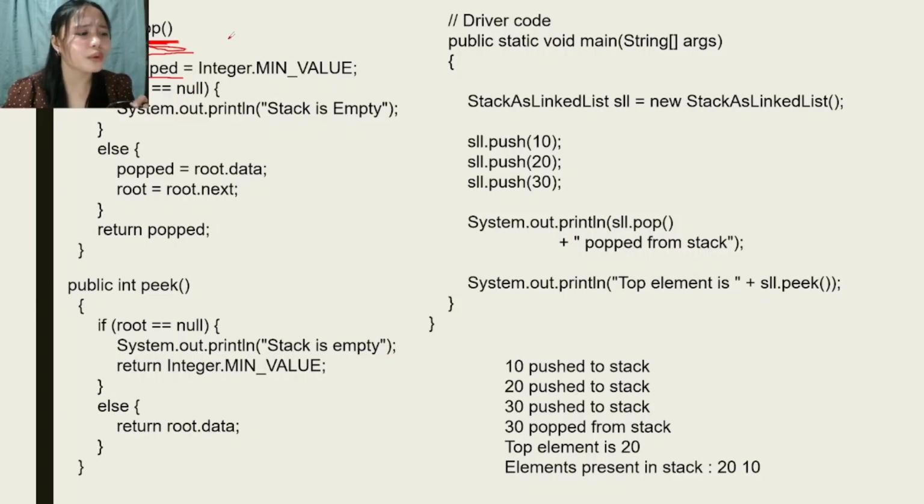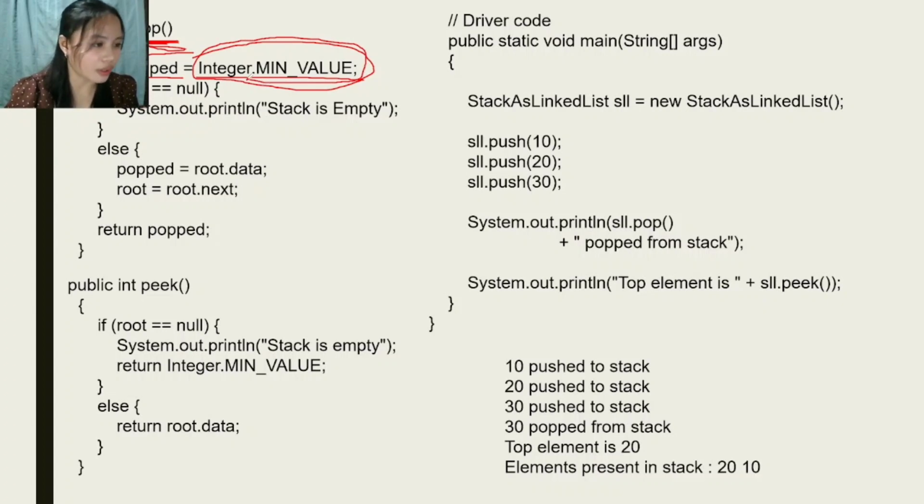If our stack is empty, it will just return this minimum value, negative 2 to the power of 30. Whenever our stack is empty, this will be returned.